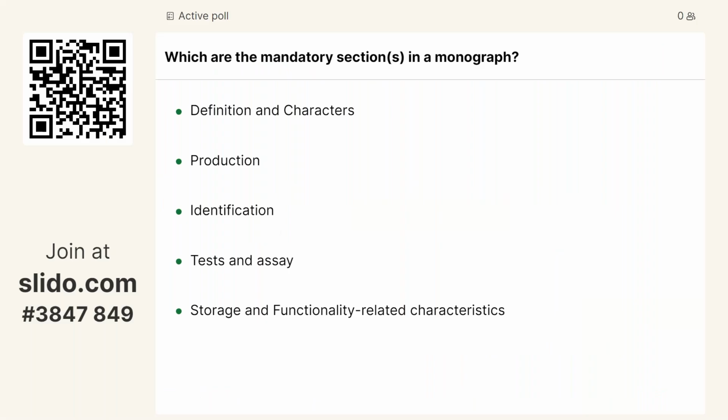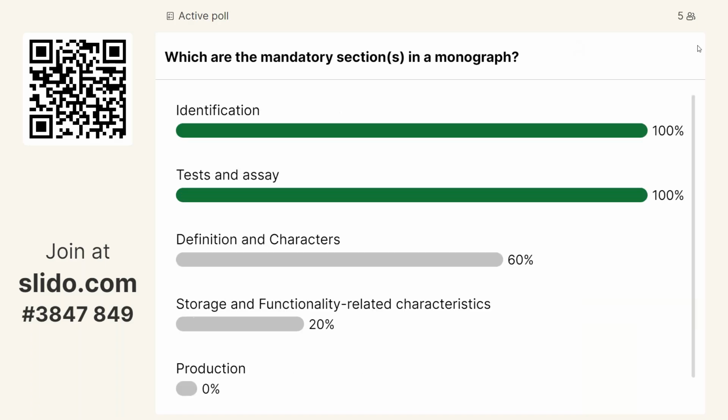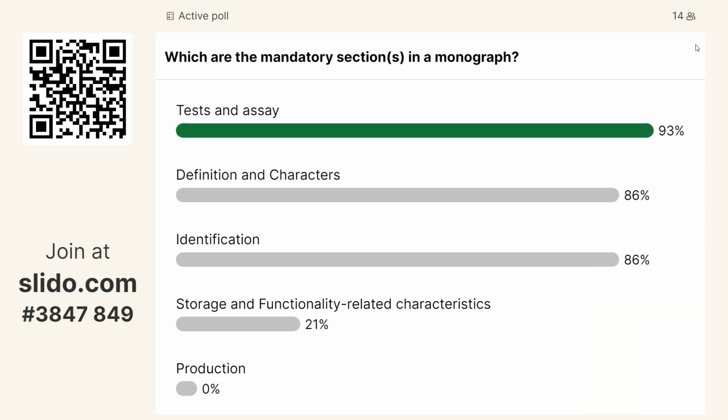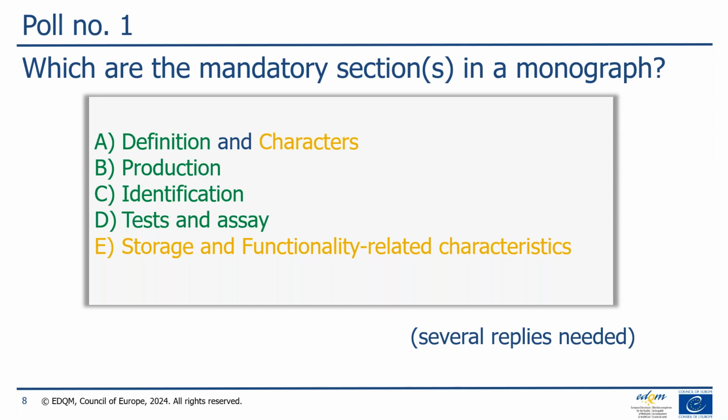You can scan a QR code and then respond to this question. I will wait a few minutes.